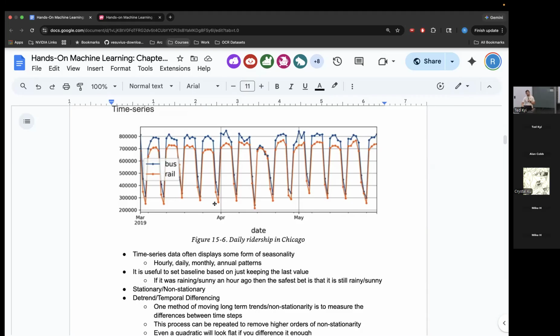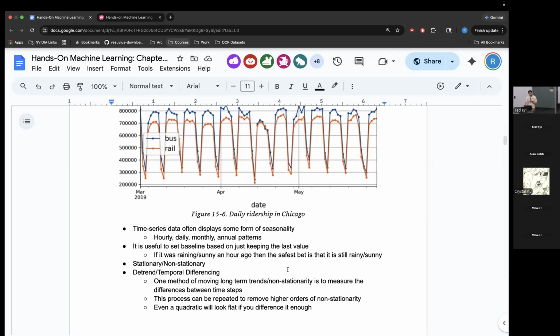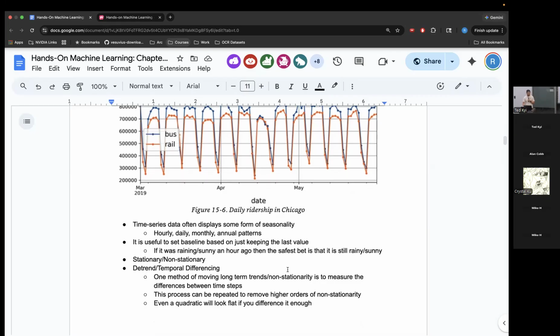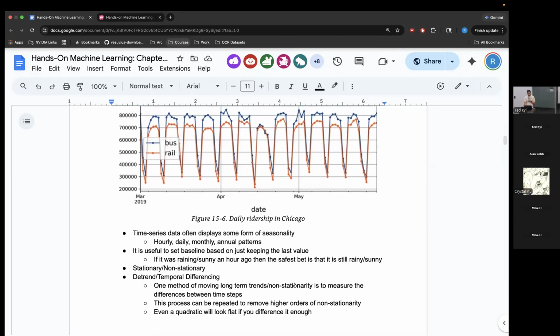If your model doesn't beat that baseline, then it's probably not a very good model because it's not able to even do better than just persisting the last day's value. So it's very powerful to use that to measure: this is the bar that you have to beat to even be worth pursuing prediction.